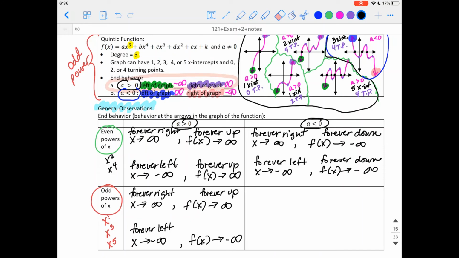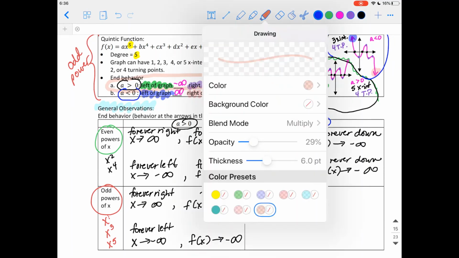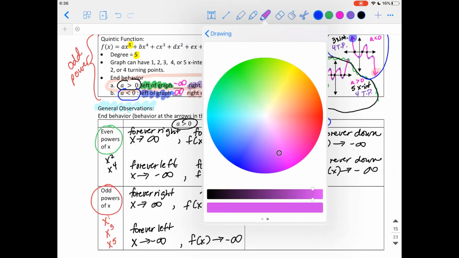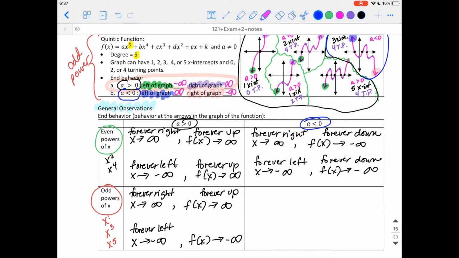Now, where a is less than 0, so technically since I did all of the a less than 0s blue, I'll just circle it blue. So now for all the odd powers of x where my a is less than 0, it's this one right here.